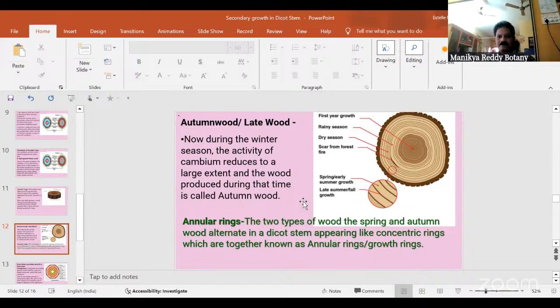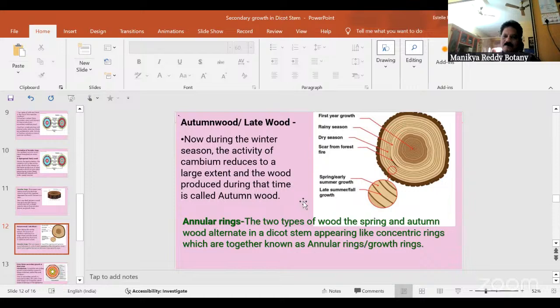Because of the intrastellar secondary growth, the size of the stele increases. The central column increases in size. It occupies the major part of the stem.